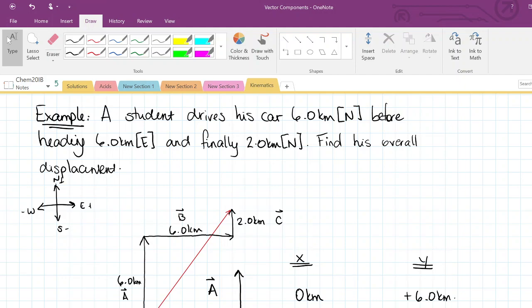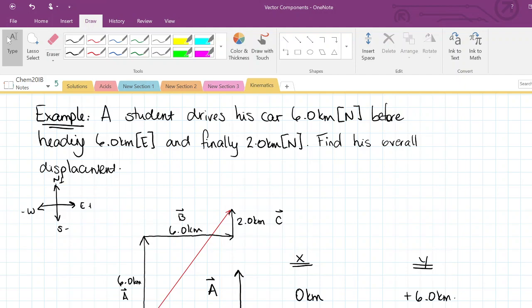And so what that tells me is that my resultant vector starts here at the beginning, at the origin, and it points to where we finish. If I've drawn this diagram correctly, then looking at the size of this arrow, I'm pretty sure that my displacement magnitude should be larger than 6 kilometers, right?